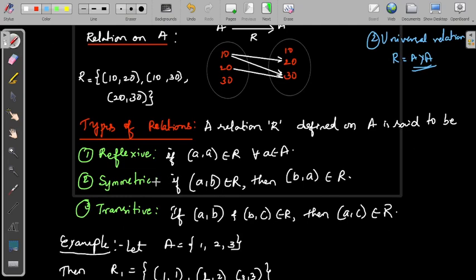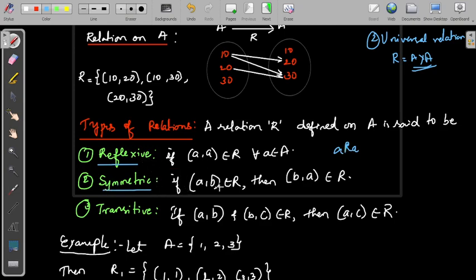A reflexive relation is nothing but if (a, a) belongs to R, if you have an ordered pair of the form (a, a) in the relation for all possible values of a in the set A, then we call it reflexive. Reflexive means it is a reflection of itself. That means a is related to itself. (a, a) belongs to R, in the sense a is related to a. In case every element of that set A is related to itself, then we call that relation reflexive.